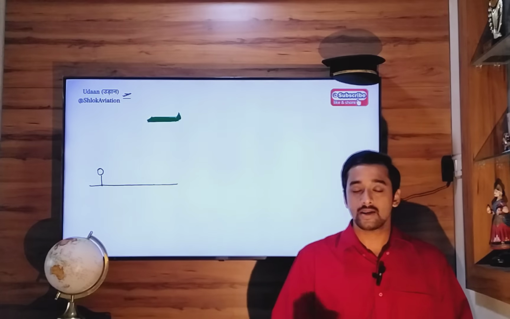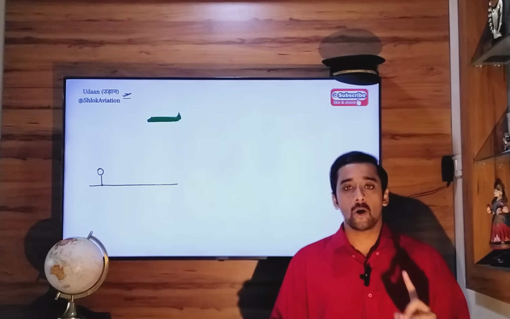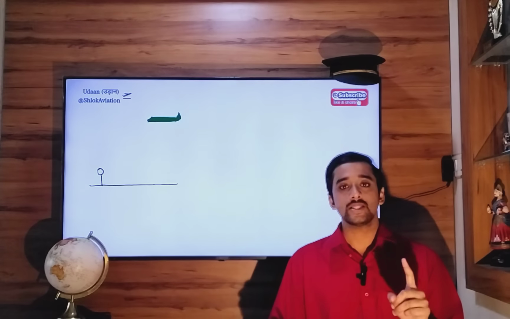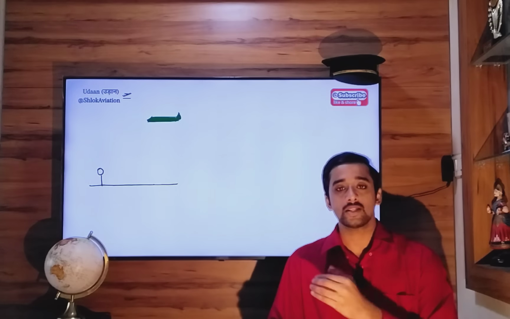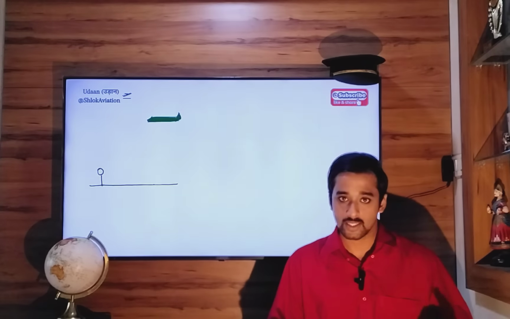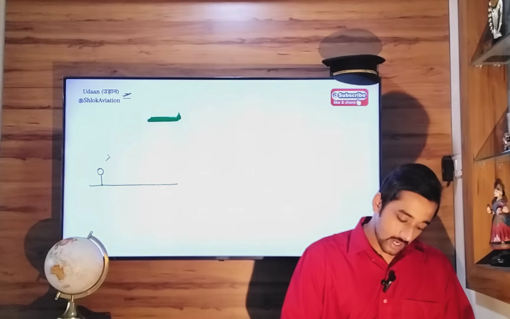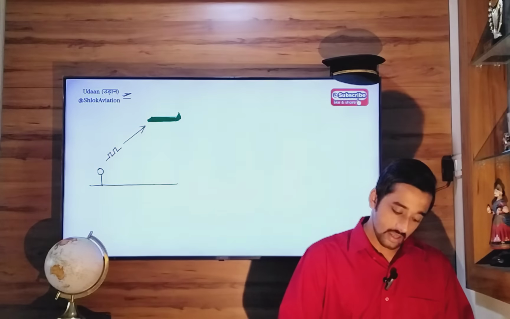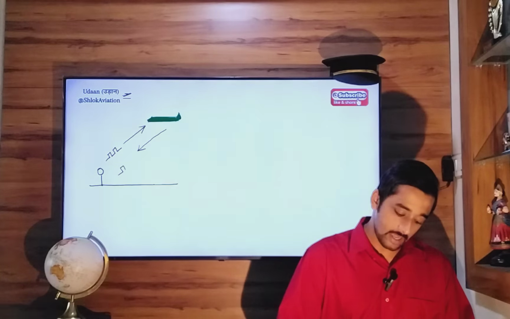Unlike primary radar, secondary radar operates on two different frequencies. Primary radar will operate on one particular frequency throughout its operation. The frequency at which it transmits a radio pulse will be the same frequency at which it will receive that pulse. But in case of secondary radar, it will transmit a radar pulse on one particular frequency, and it will receive that pulse from aircraft on a different frequency.